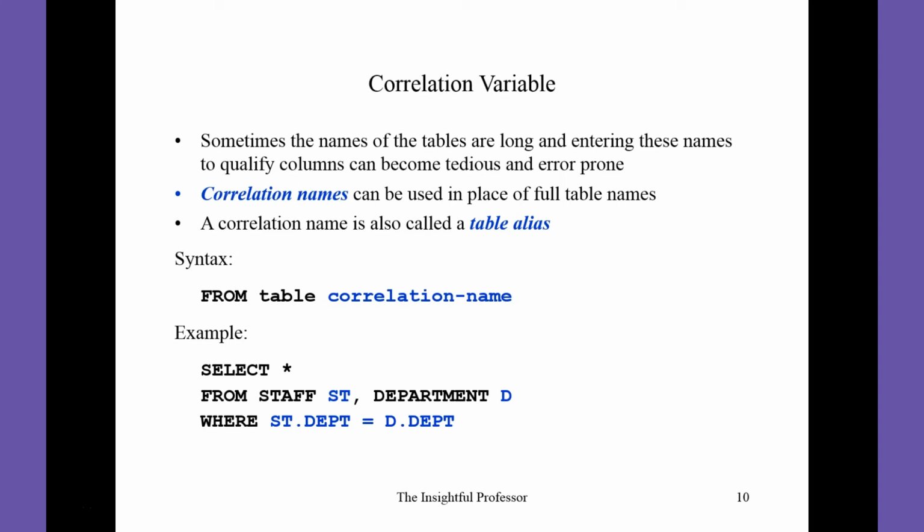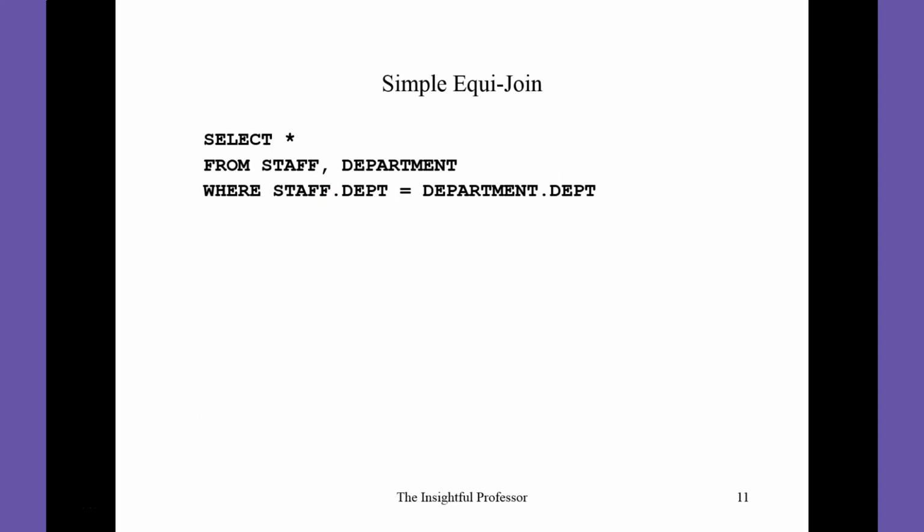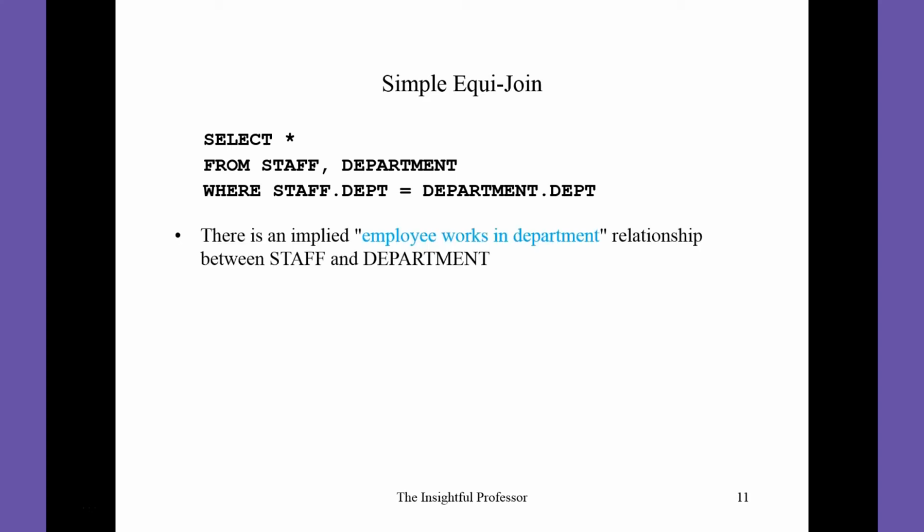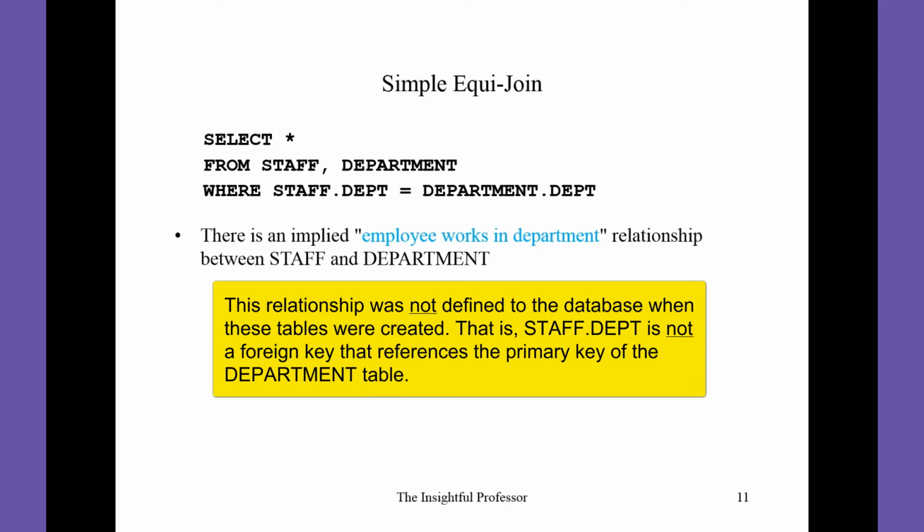Having now introduced the syntax, let's look at the join operation from a different perspective. We'll consider just what this operation actually accomplishes. We've been looking at the staff and department tables in our introduction to a join. Let's take a closer look at the Equi-Join that involves these two tables. There's an implied relationship here that employee works in department, and this is the basis for forming this particular join.